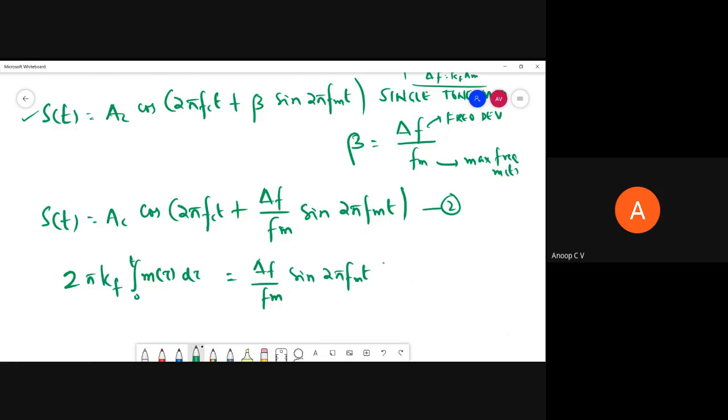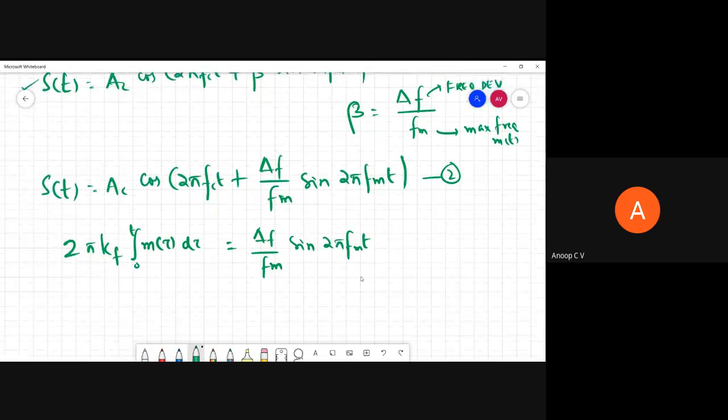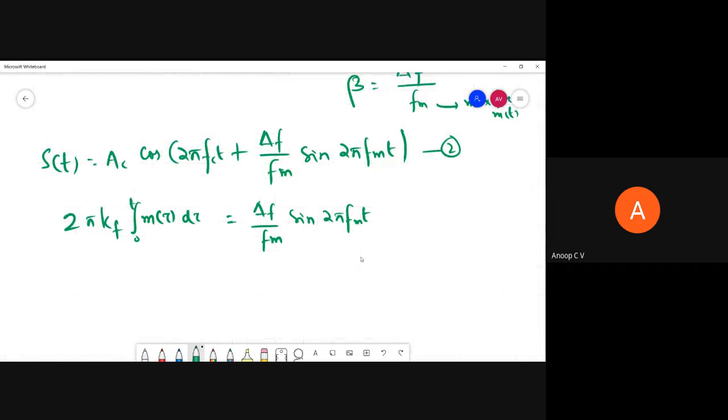So from this maybe we can find what is m of t. M of t as such is not given. If you solve this integral equation, if you differentiate on both sides, we'll get m of t.